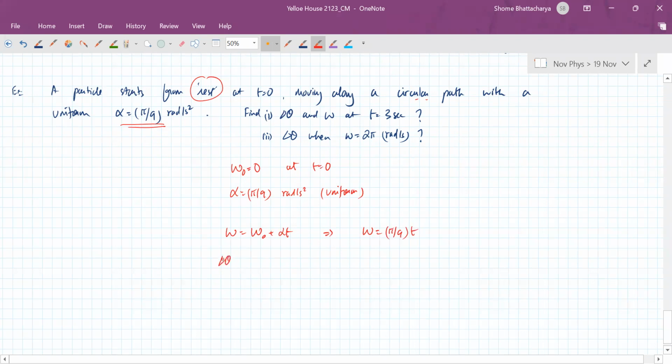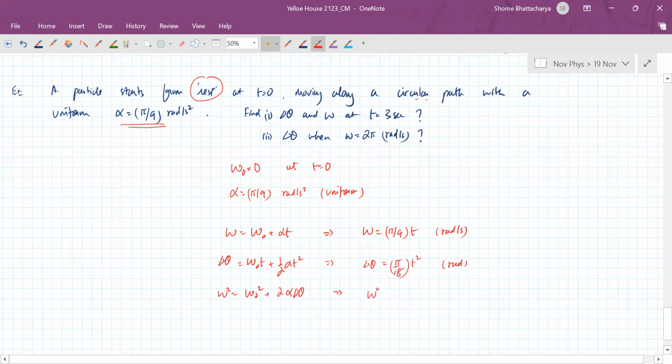And our angular displacement as a function of time will be like this. It's the equivalent of s equal to ut plus half at square. So angular displacement as a function of time will become pi by 18 t square at any time t in radians. Also we'll have omega square equal to omega naught square plus 2 alpha delta theta.